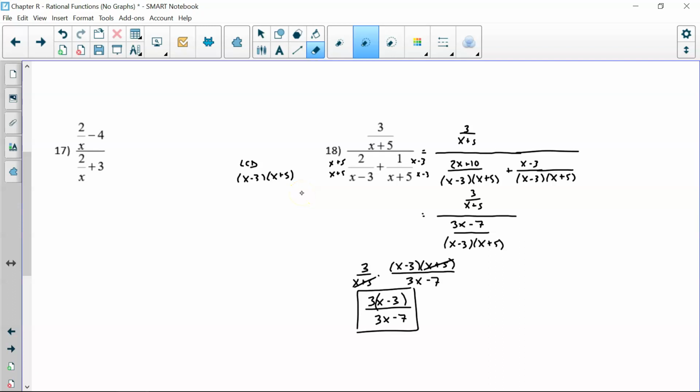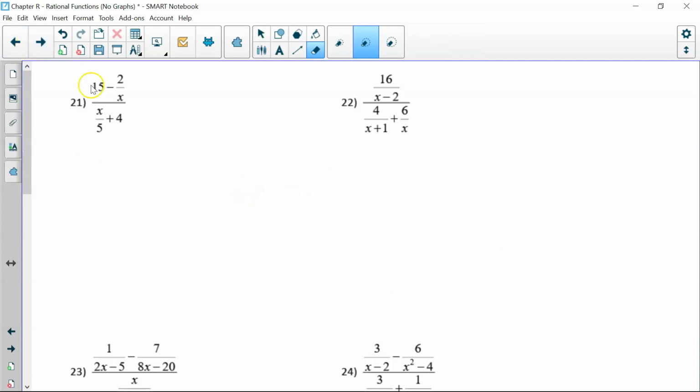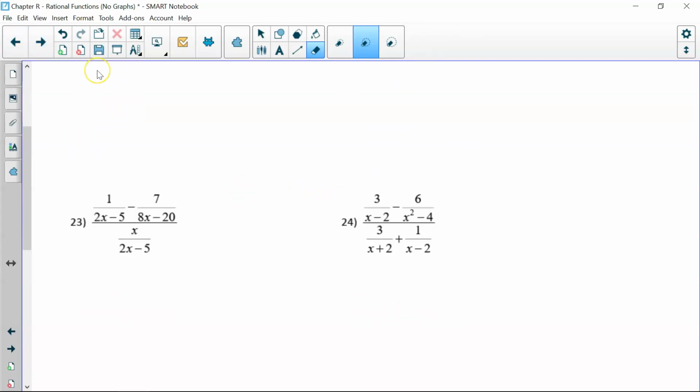Let's go to a problem like number 23, please. Once again, same thing. Now I see a minus there on the top half. I'm going to put plus, and I'm going to make the 7 a negative. To me, that just makes things a lot easier.